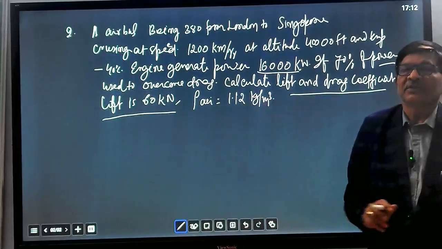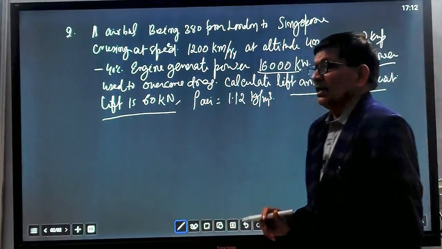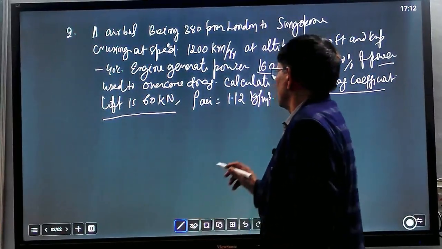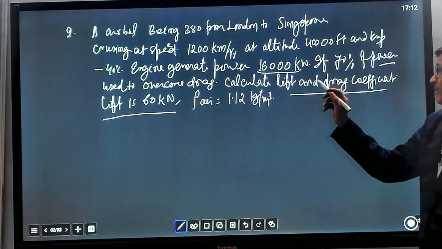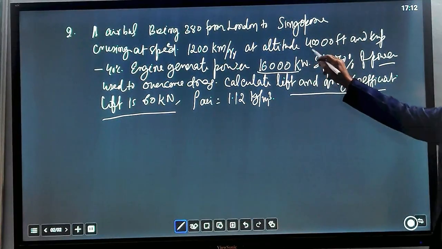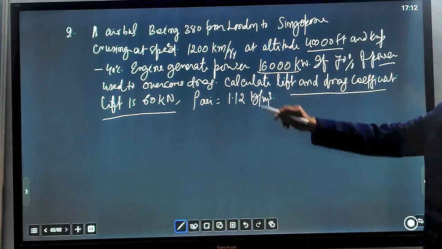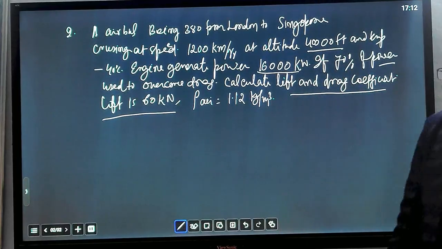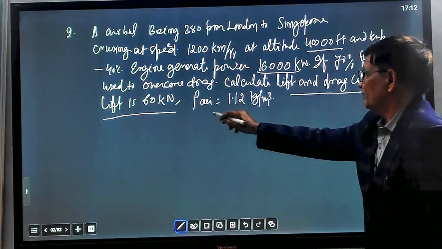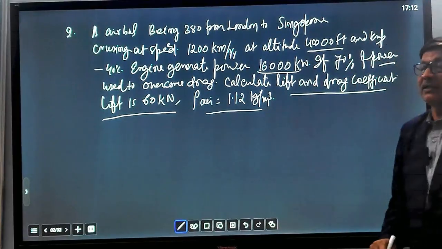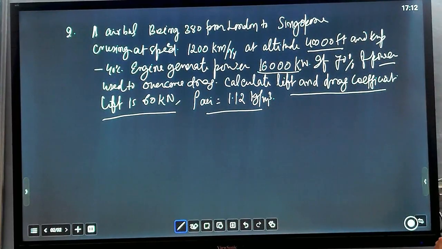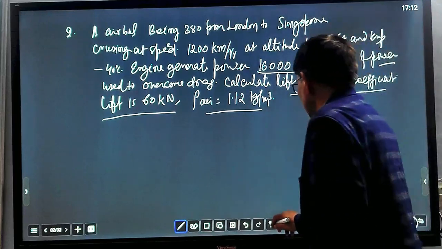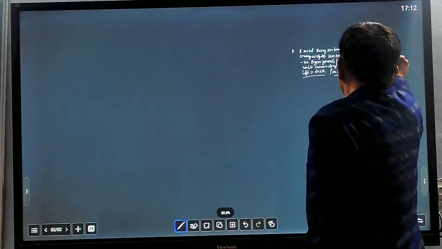So lift force is required. Atmospheric conditions are almost the same around 40,000 feet, and the temperature is around minus 40 degrees centigrade. These are the surrounding conditions, and here the air density is given as 1.12 kg per meter cube. So this question we have to solve.